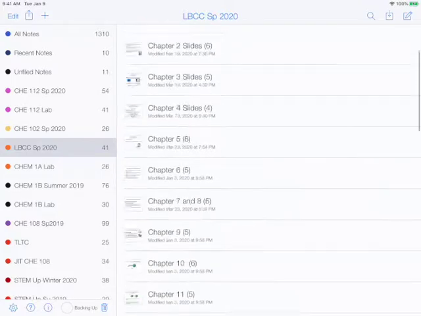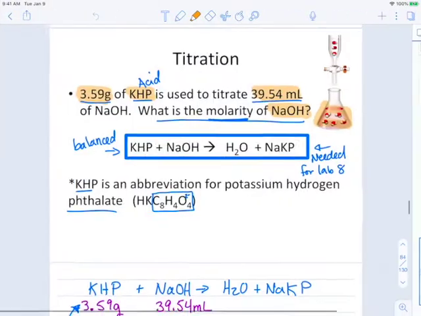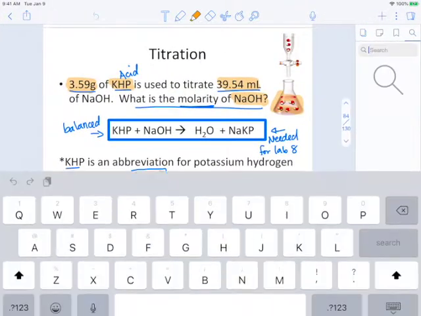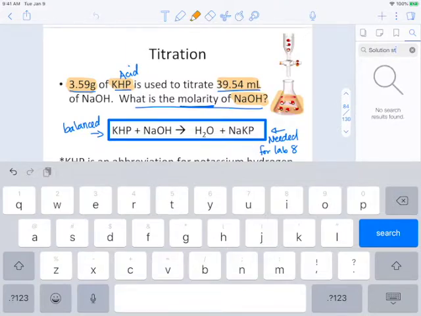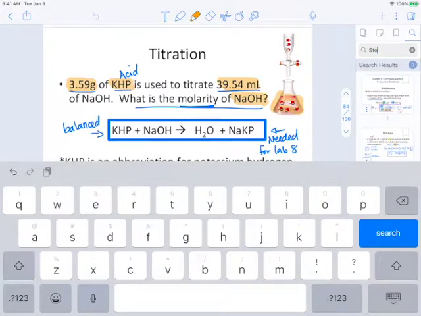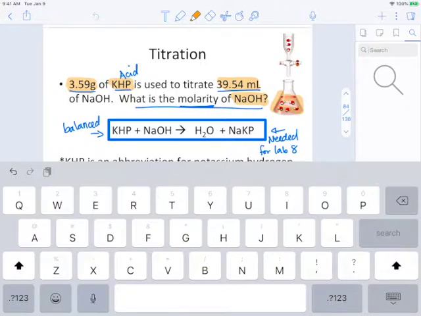So if you go back to your chapter 4, pull it up. All right, it is not coming up.